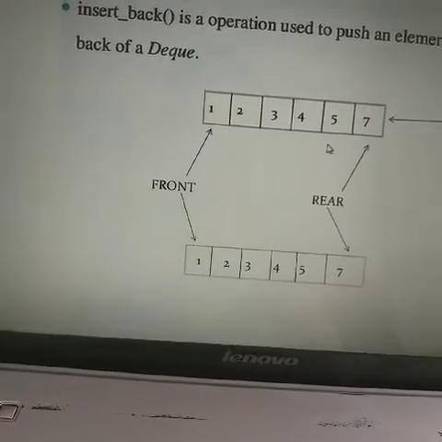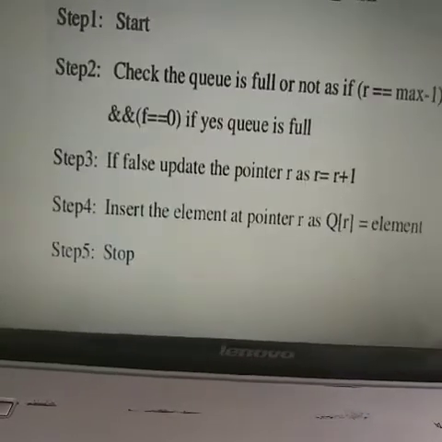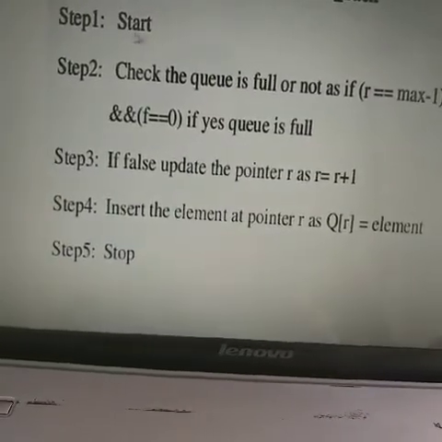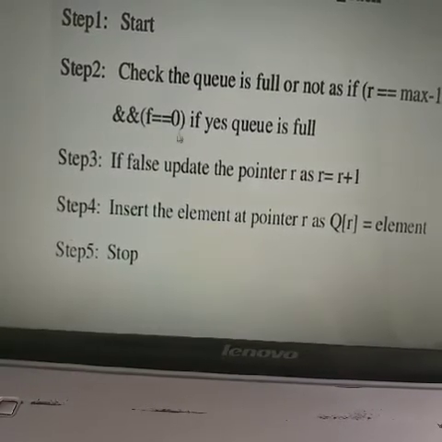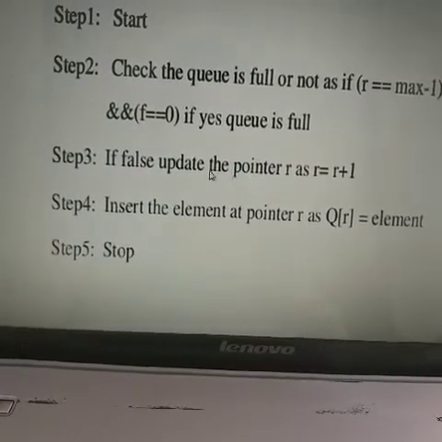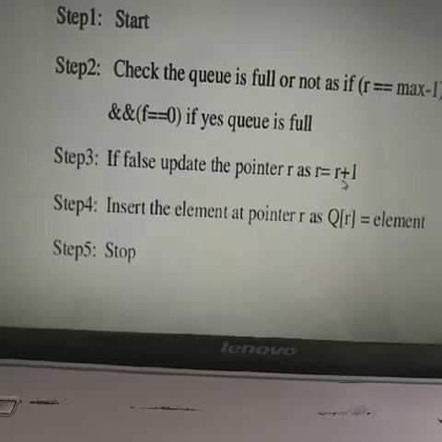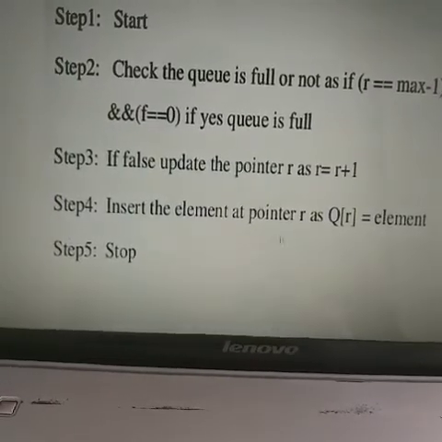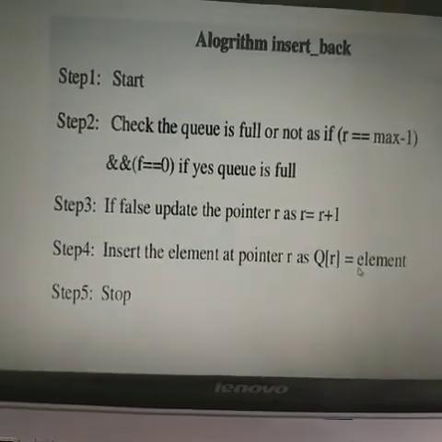So the dequeue operation is to be performed first and only then can we insert. The second condition is if front equals 0, which represents that the queue is empty. If false, update the pointer r as r is equal to r plus 1. Then we insert the element at the pointer q[r] equals to element, and we stop at that point.